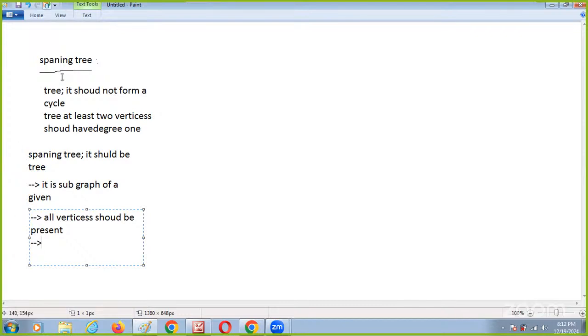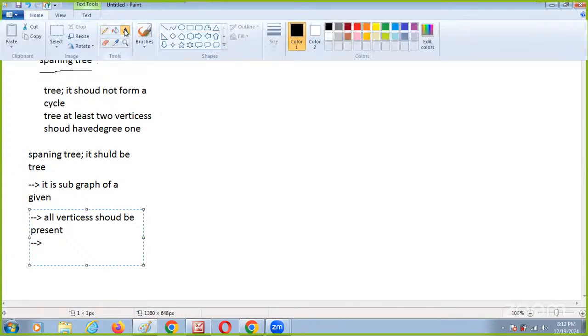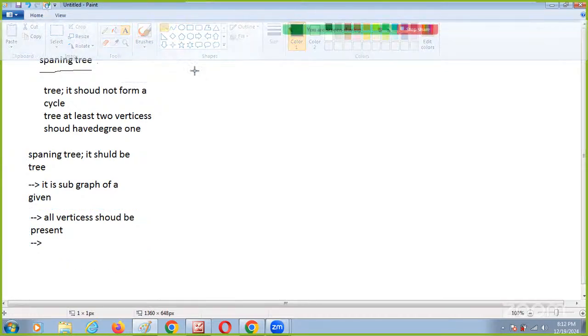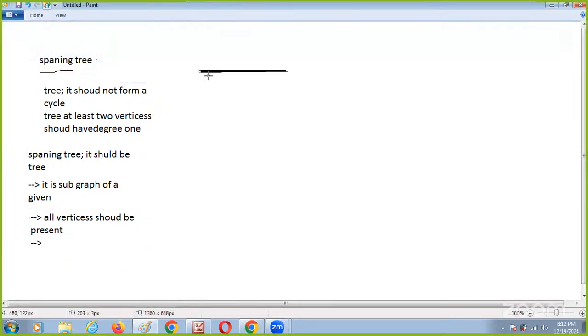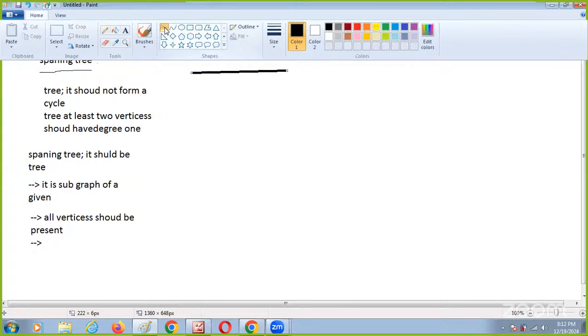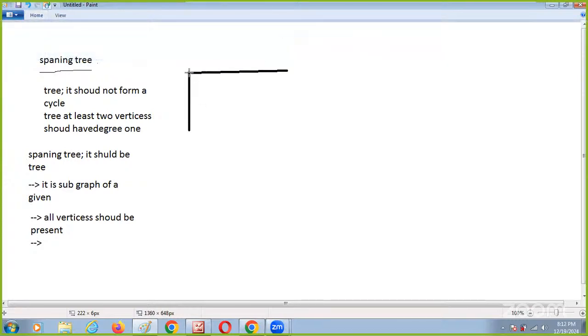Now the example, which I already discussed in a previous class. Suppose I have some graph. What are the possible spanning trees?